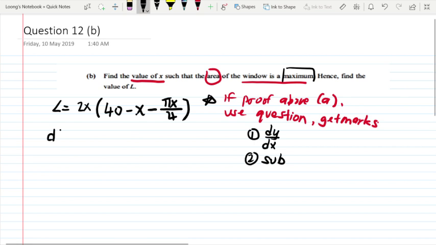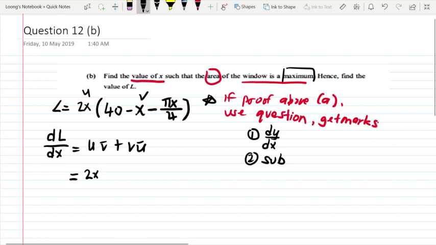So now we have dL over dx. I'm going to differentiate this one. We could use the product rule in this case, which is u dv plus v du, where here is u, here is v.